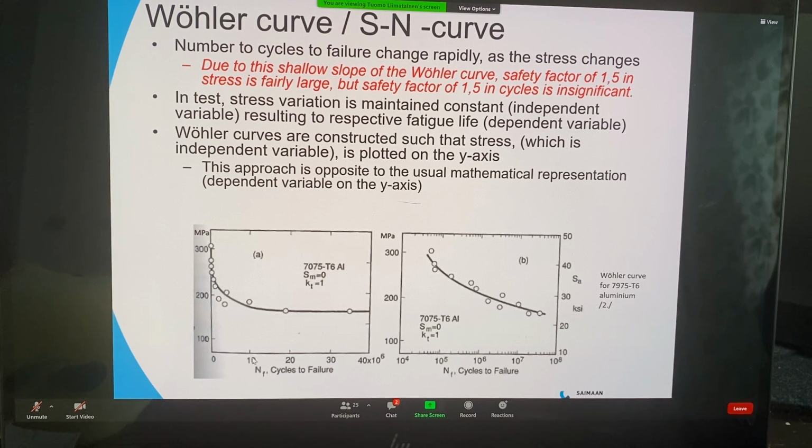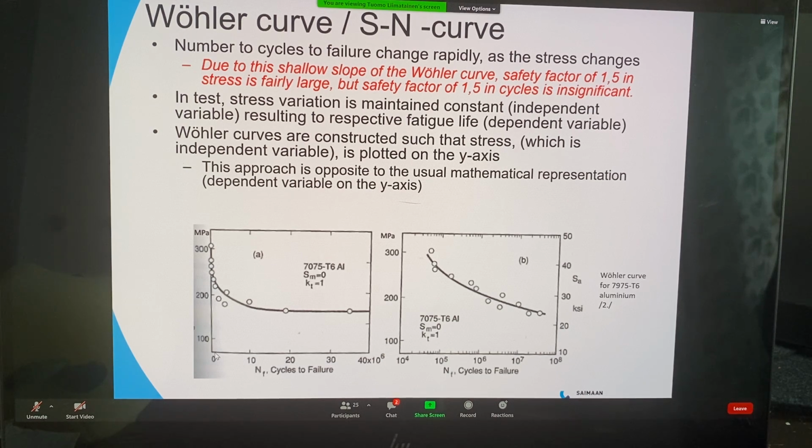So you can see that in the x-axis you have 10 million, 20 million, 30 million, 40 million cycles to failure, and there's the result. As you can see, the lifetimes for the larger amplitudes, close to 300, more than 200 megapascals, are so short.